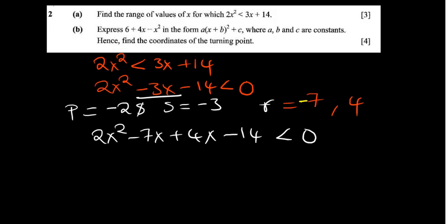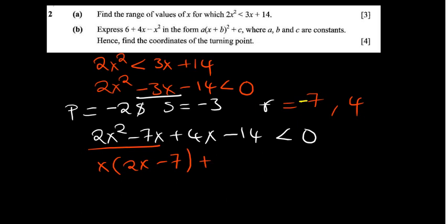We can factorize now. Anything common there? I can see only x is common, so we have x and then 2x minus 7.